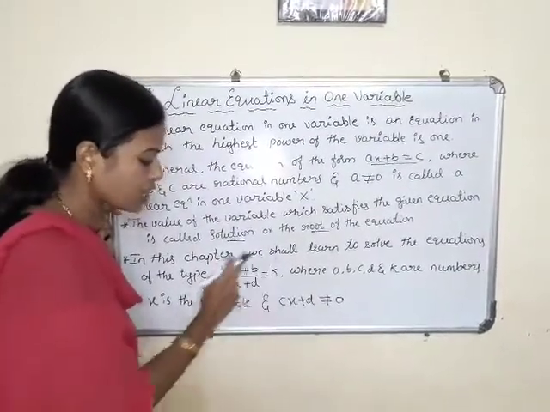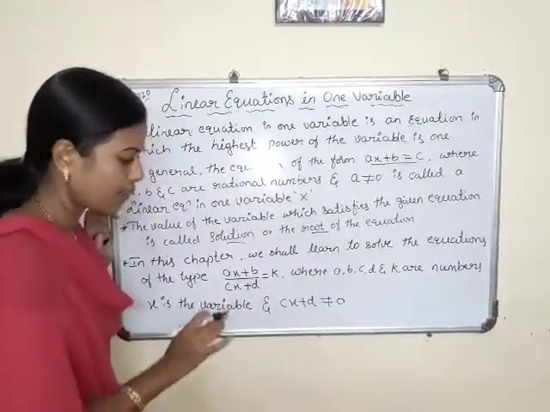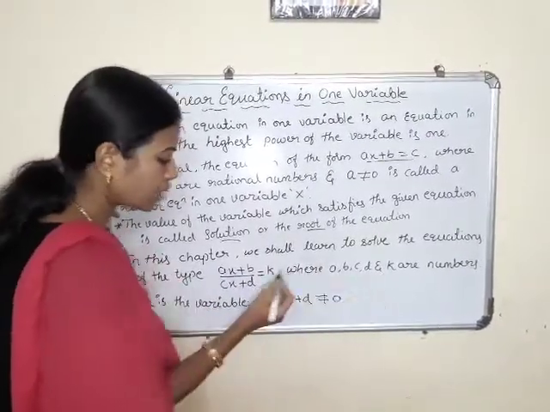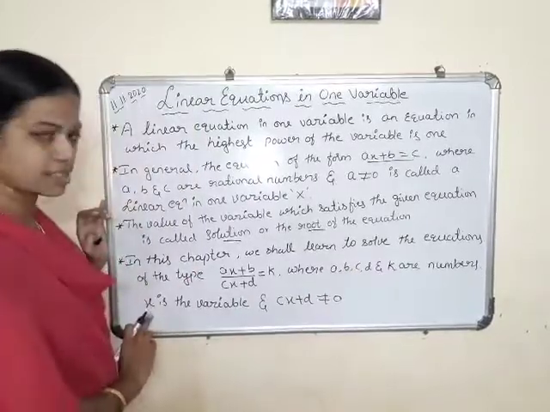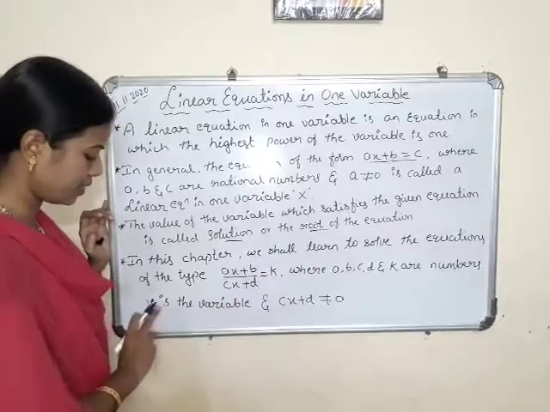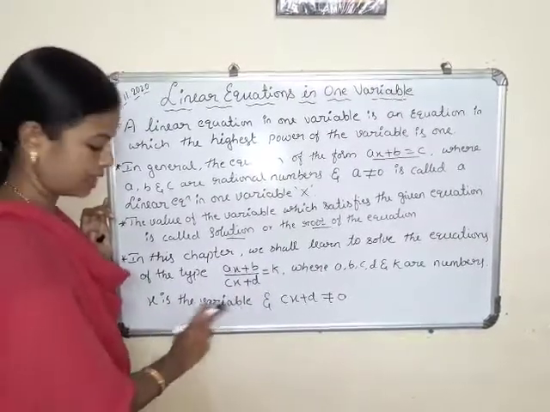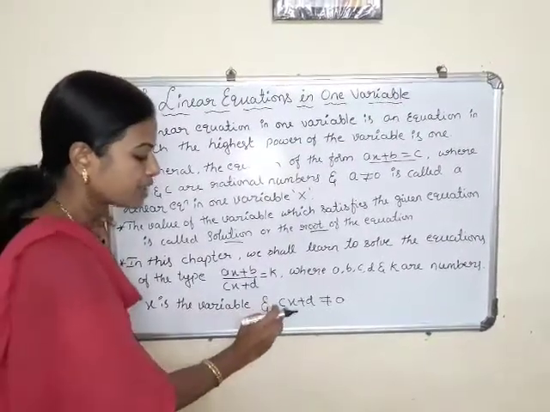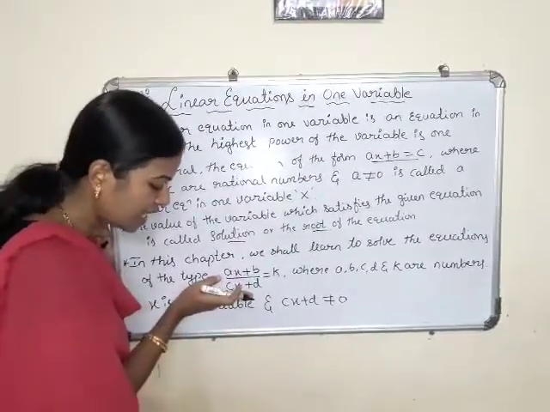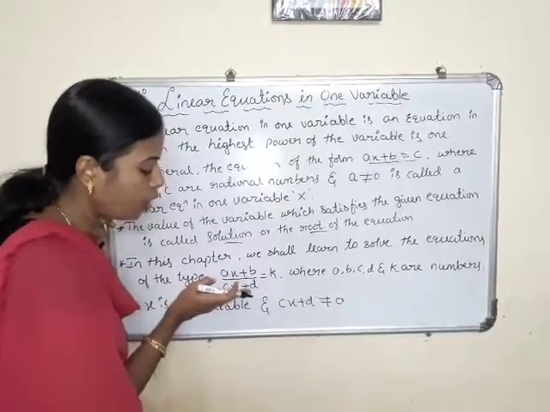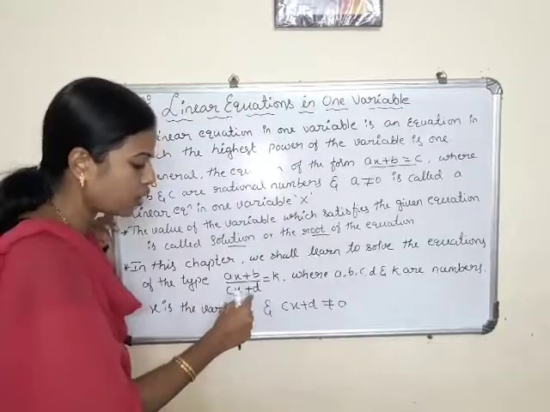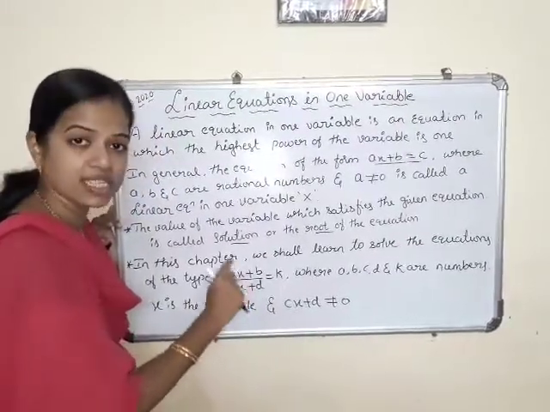Like these equations we are going to learn in this chapter, where a, b, c, d and k are any numbers. x is the variable, and cx plus d is not equal to 0. cx plus d is in the denominator, and the denominator is always not equal to 0. If the denominator is equal to 0, the whole equation is invalid.